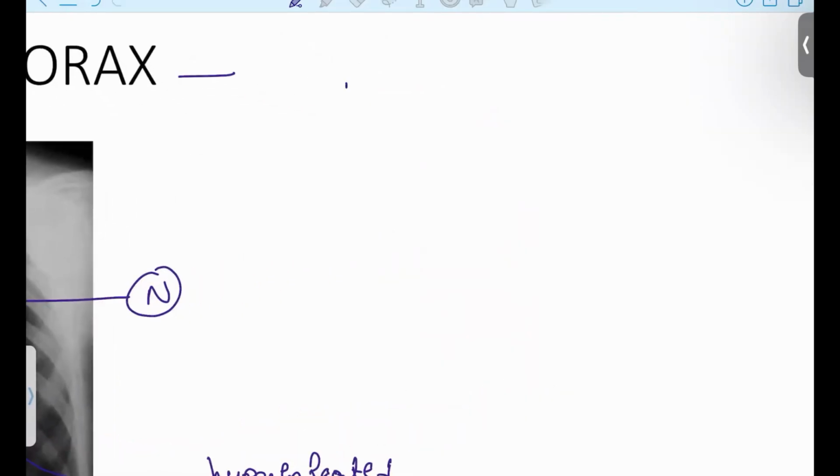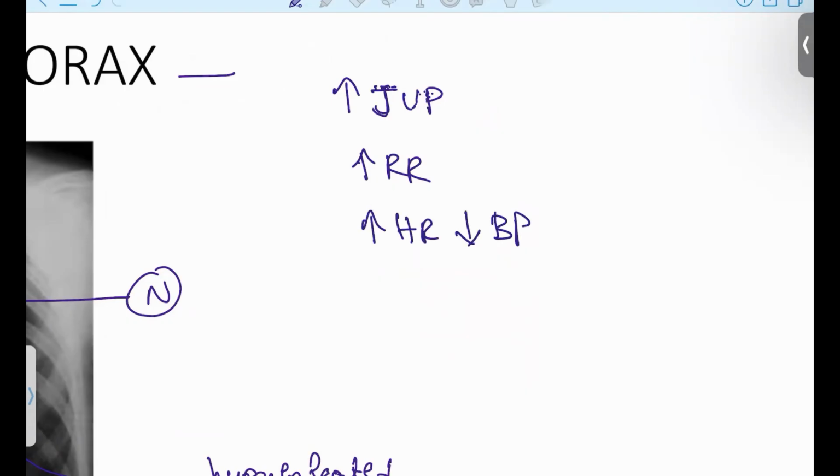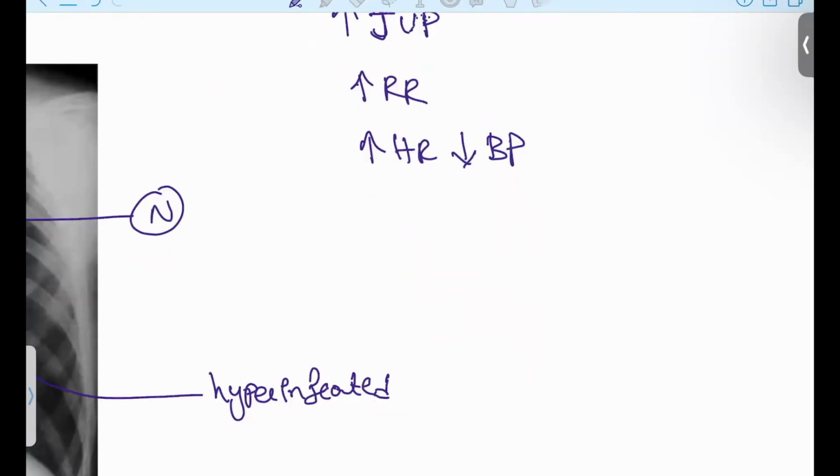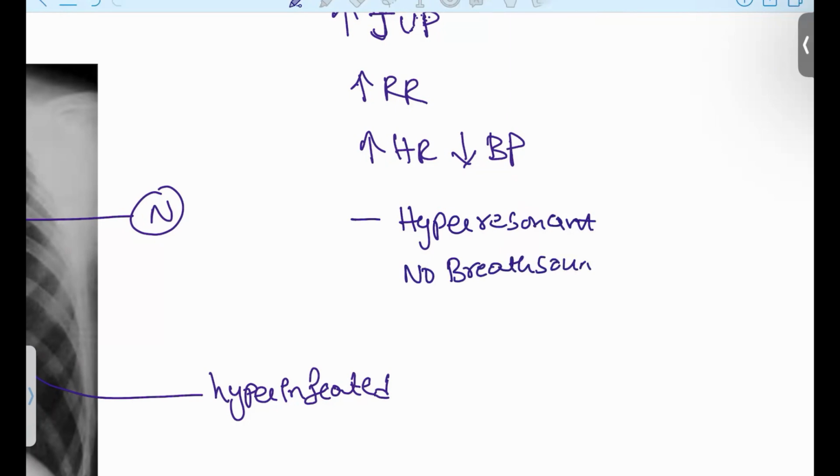The patient will be having increased jugular venous pressure, increased respiratory rate, increased heart rate. A hemodynamically unstable patient will be having low BP. When you do the auscultation, the patient will be having hyperresonance and no breath sounds on the affected side of the lung.